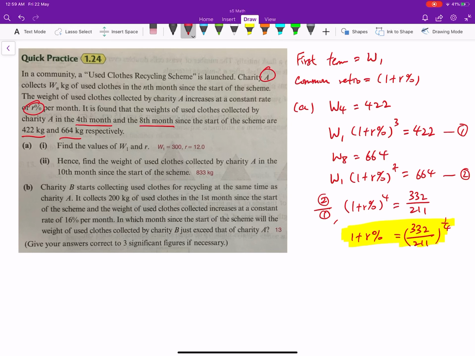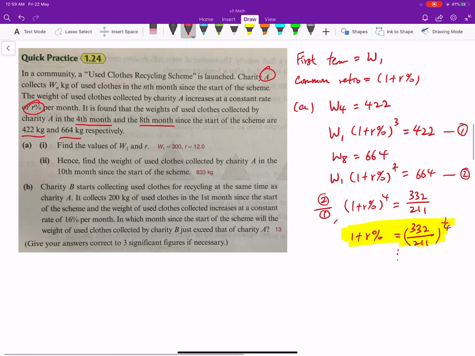Okay, and then the skills are the same. So after solving, I don't show you the steps, to save some time. You can get R percent is 0.12000, and then finally you get R is 20.0, correct to 3 significant figures.